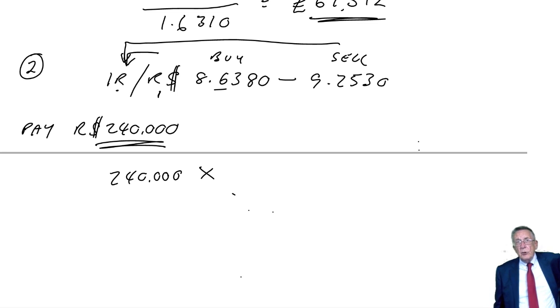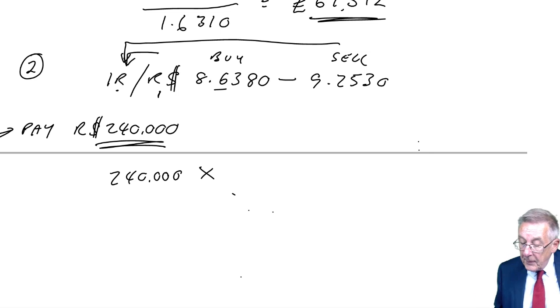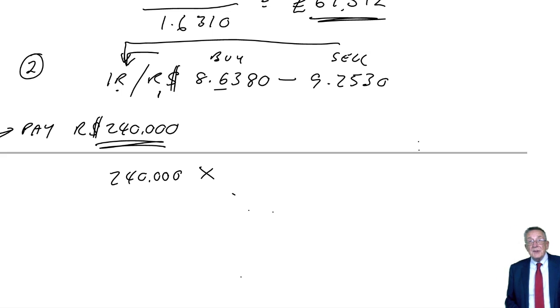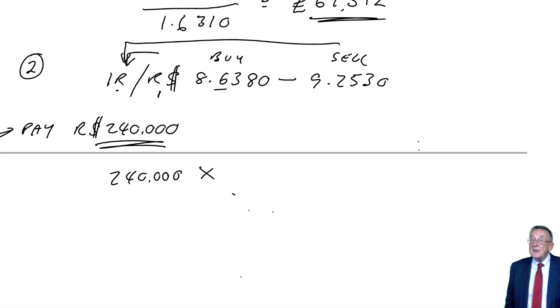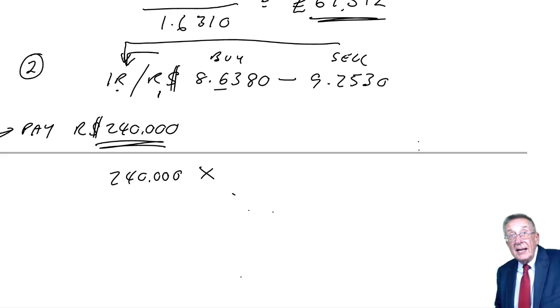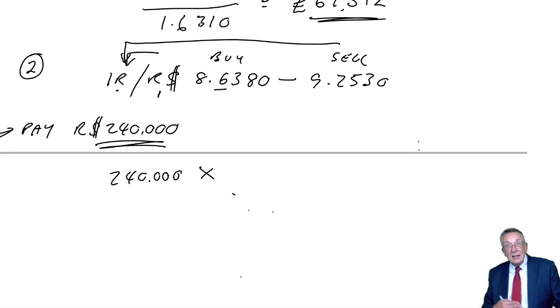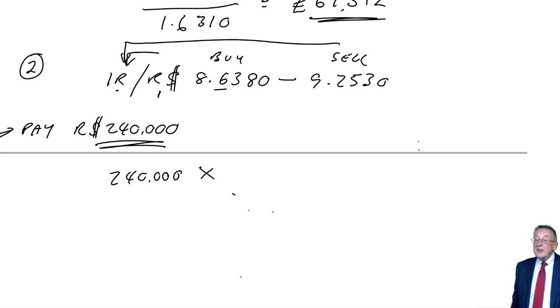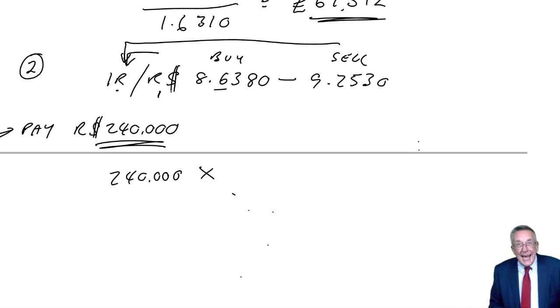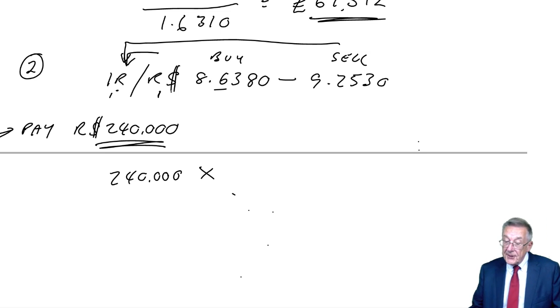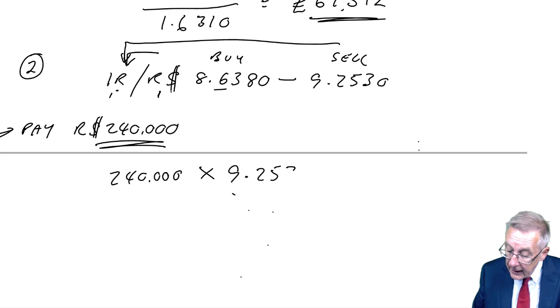Are we buying rupees or are we selling them? Well, since we have to pay, we're going to have to pay Ruritanian dollars. We'll have to buy Ruritanian dollars from the bank. And how are we going to get them? Well, in order to buy the dollars, we'll sell rupees. So buying dollars involves selling rupees. And the relevant rate for selling the first currency rupees is 9.2530.